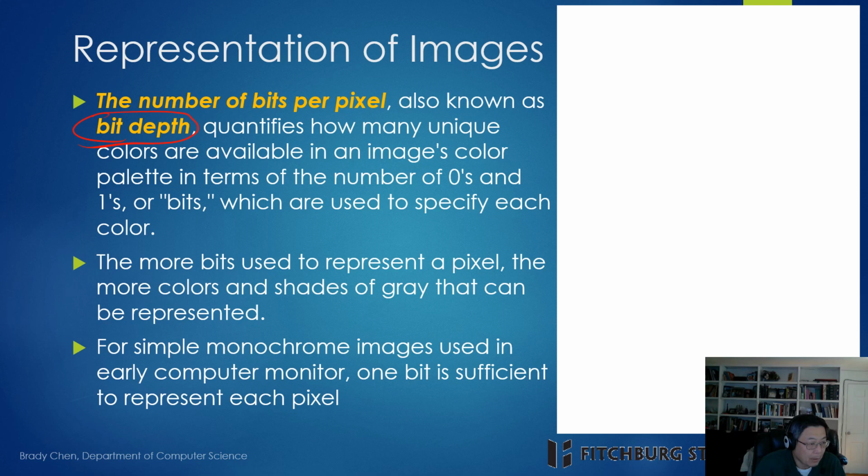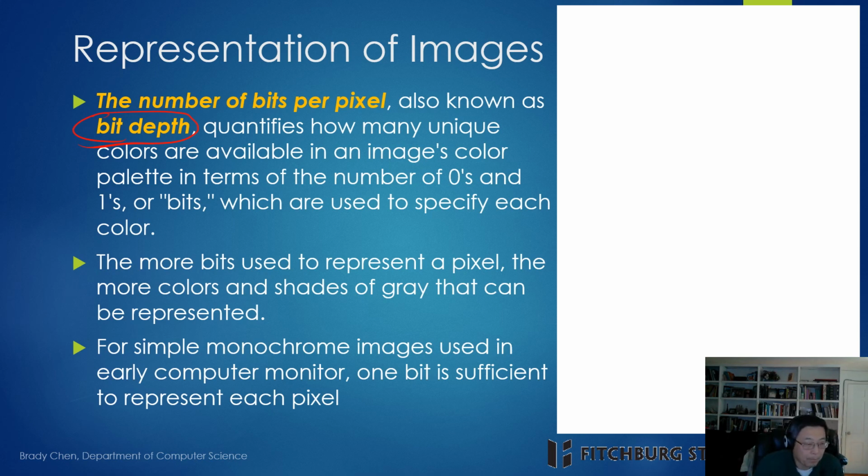The more bits used to represent a pixel, the more colors and shades of gray can be represented. In the past, when we used black and white monitors or TVs, each pixel needed just 1 bit, because each pixel could be white or black.